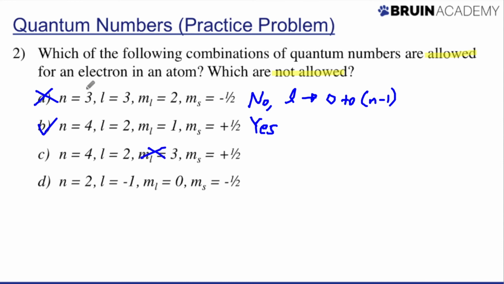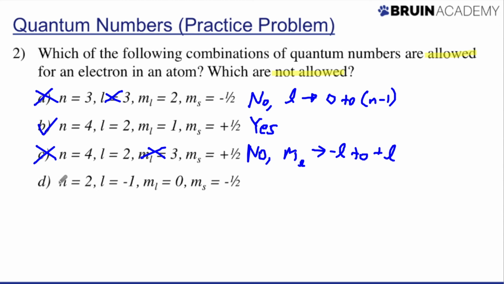And up here in A, the L equals 3 was what made it impossible. So here we would say no. And the reason is because ML ranges from negative L to positive L. And in this case, it's outside of that range. So C is not going to work.